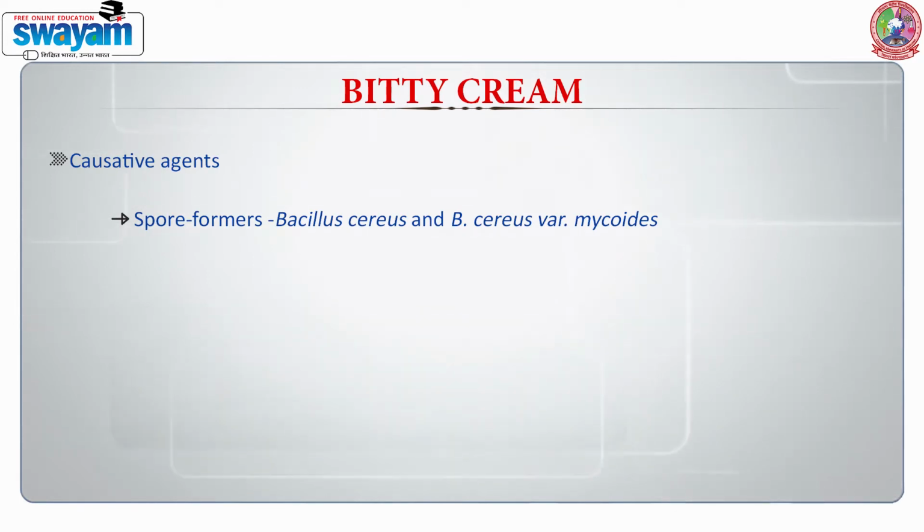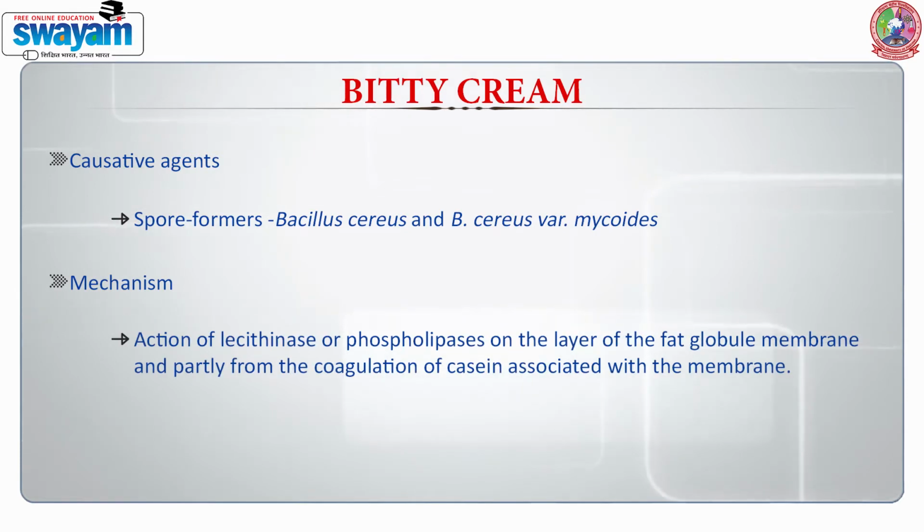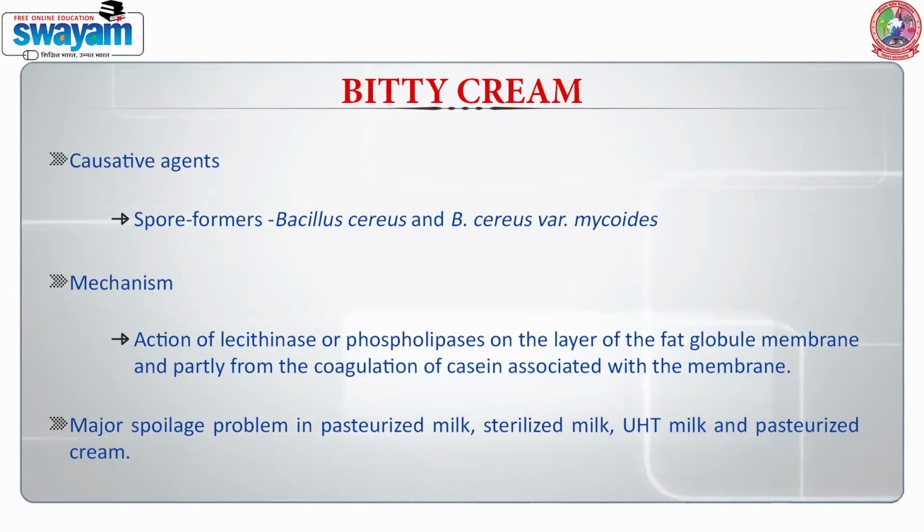The mechanism is very simple. It is the action of the enzymes lecithinase and phospholipase on the fat globule membrane, and partly from the coagulation of casein associated with the membrane. This problem is commonly seen in pasteurized milk, sterilized milk, ultra heat treated milk and pasteurized cream.